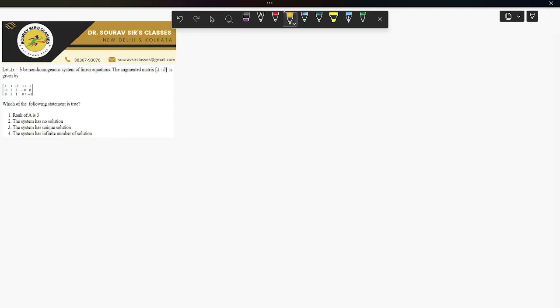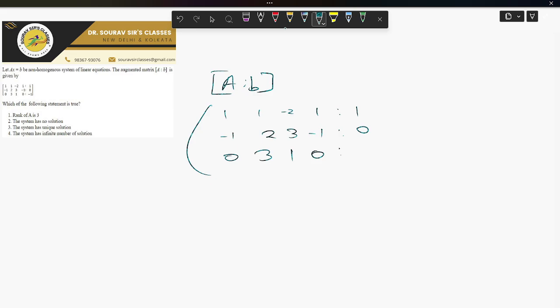Okay, so now I am going to use the elementary row operations, that means the Gaussian elimination, on the augmented matrix, which is this. And the matrix given to us is 1 1 minus 2 1 | 1, minus 1 2 3 minus 1 | 0, and finally we are getting 0 3 1 0 | minus 1.